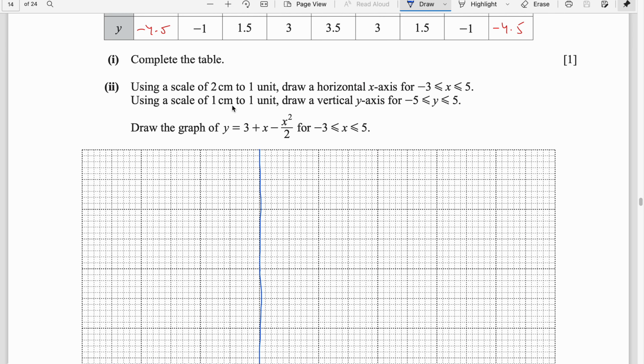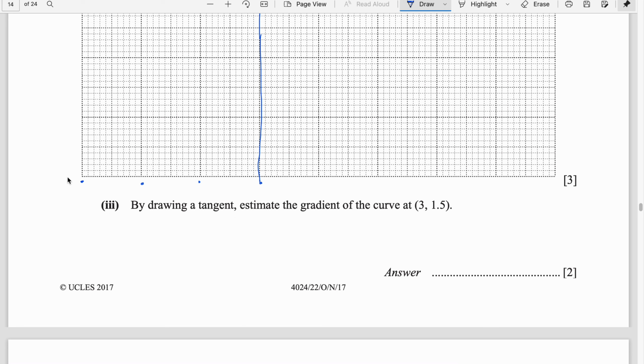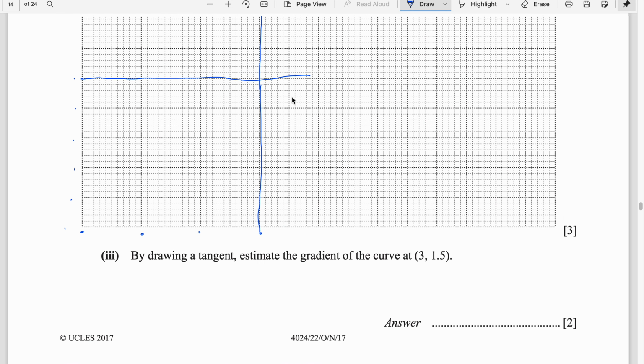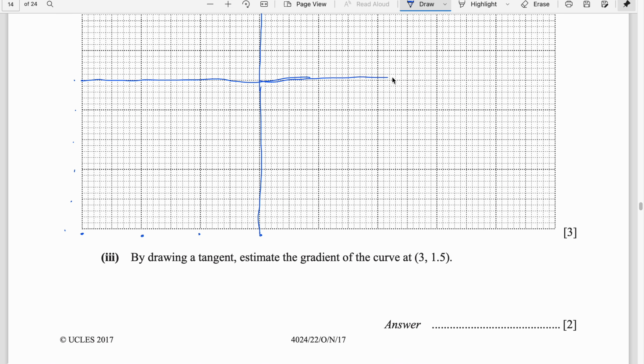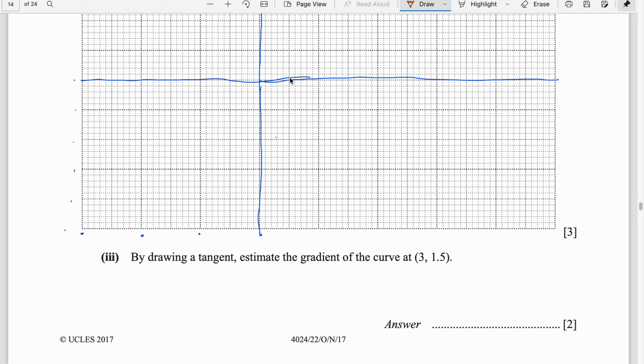Second says using a scale of 1 centimeter to 1 unit from minus 5 to 5. So 1 centimeter is 1 unit. So minus 5, minus 4, minus 3, minus 2, minus 1 and 0. So I get my x-axis. After you draw these, label them neatly.